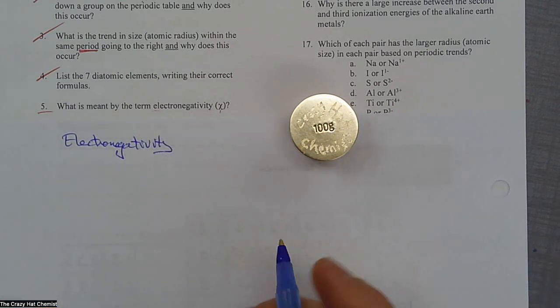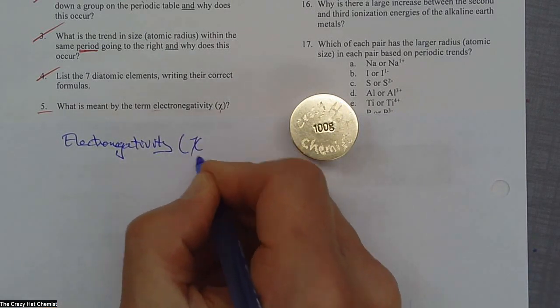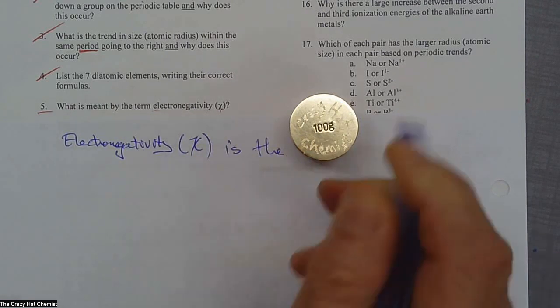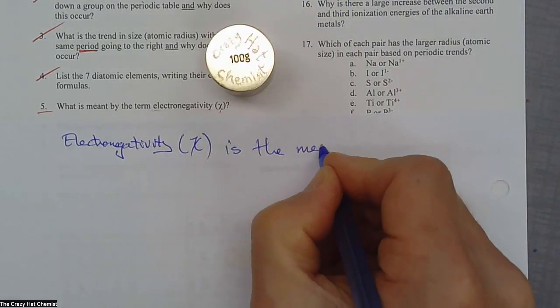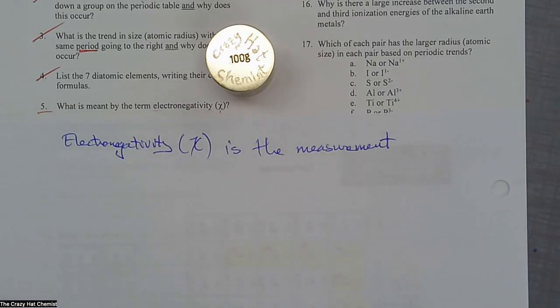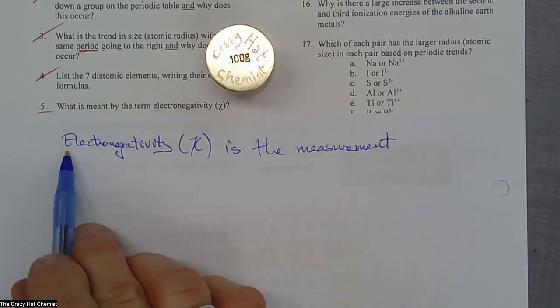Okay, so electronegativity, and this scripted kind of X there, is the measurement. Hopefully you can read my writing, but at least you can hear me speaking here.